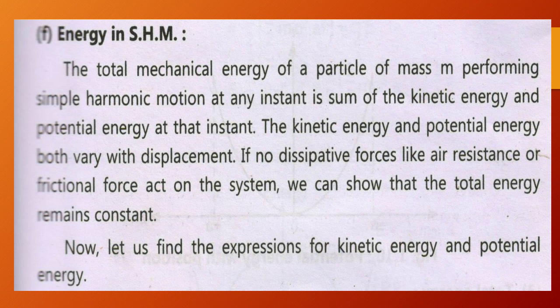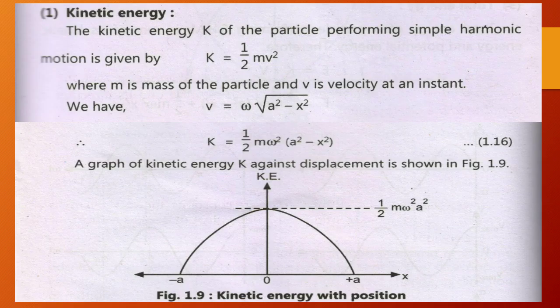The kinetic energy and potential energy both vary with displacement. If no dissipative forces like air resistance or frictional force act on the system, then we can show that the total energy remains constant. Now let us find the expression for kinetic energy and potential energy.